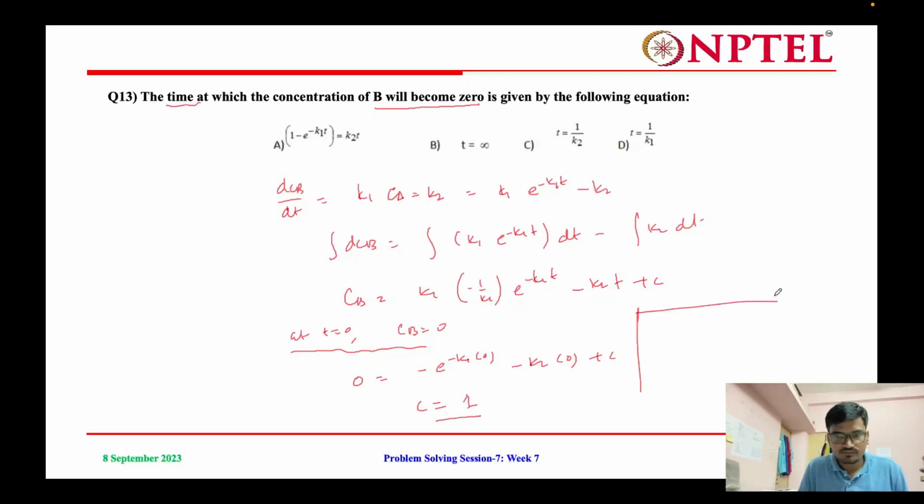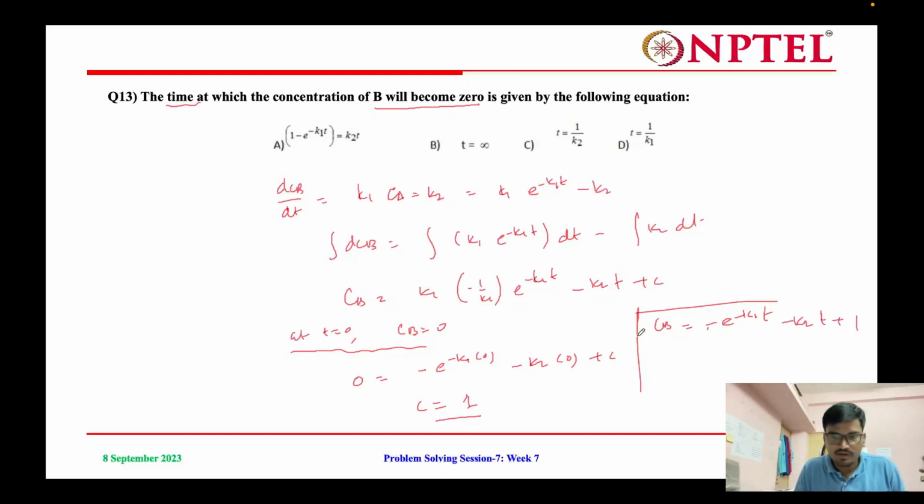Now CB equals minus e raised to the minus K1 t minus K2 t plus C, where C is equal to 1.